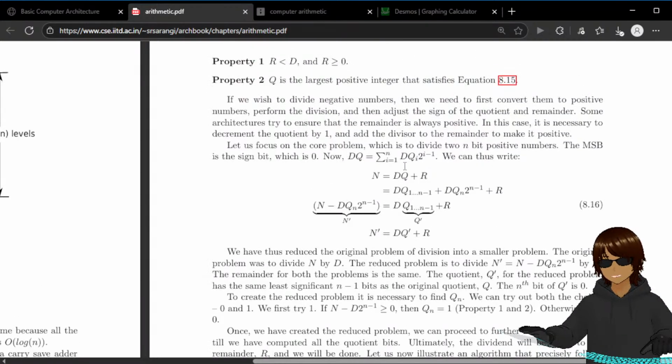Wait, I want to see what they're doing over here. What is this? q_i times 2 to the power of i minus 1.